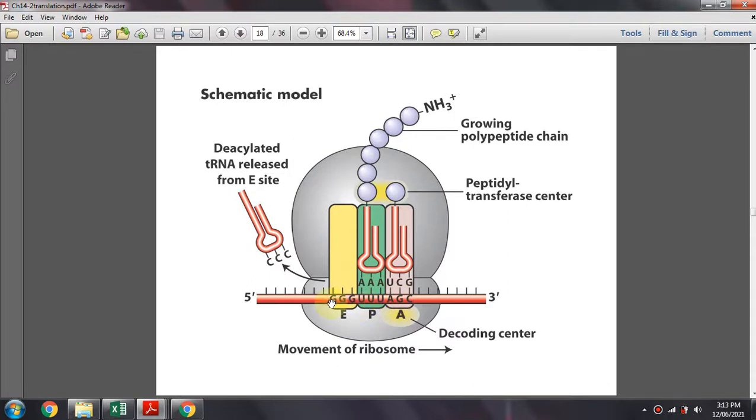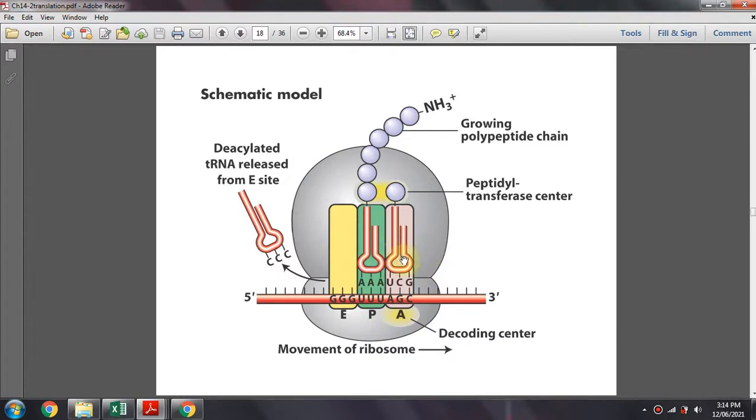See, this E accommodates GGG, P accommodates UUU sequence, and A accommodates AGC. So the protein synthesis always starts from AUG codon. Now ribosomes bind to the mRNA in such a way that AUG is in P site. Therefore, initiator tRNA binds here in P site.